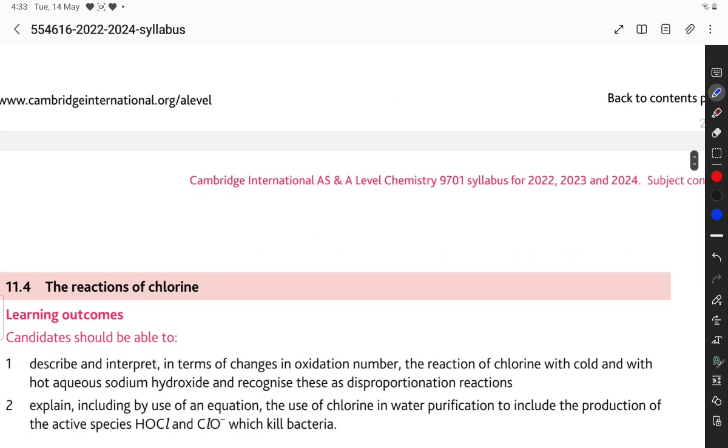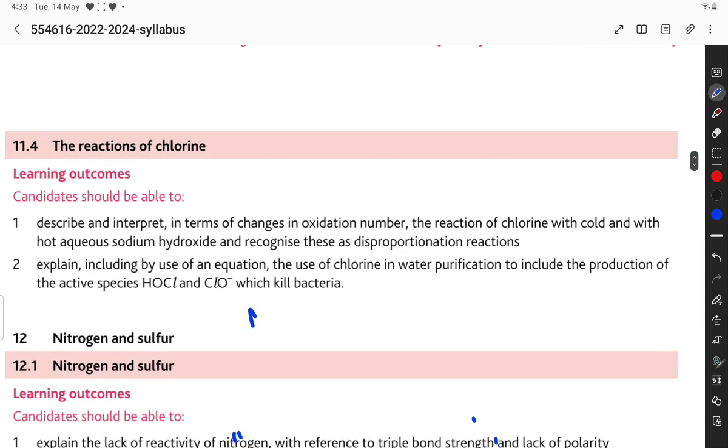Another disproportionation reaction is with sodium hydroxide. Describe and interpret, in terms of changes in oxidation number, the reaction of chlorine with cold and with hot aqueous sodium hydroxide, and recognize these as disproportionation reactions because chlorine is oxidized and reduced at the same time in the same reaction. With cold, NaCl plus NaClO plus water is formed. I have earlier discussed these reactions.